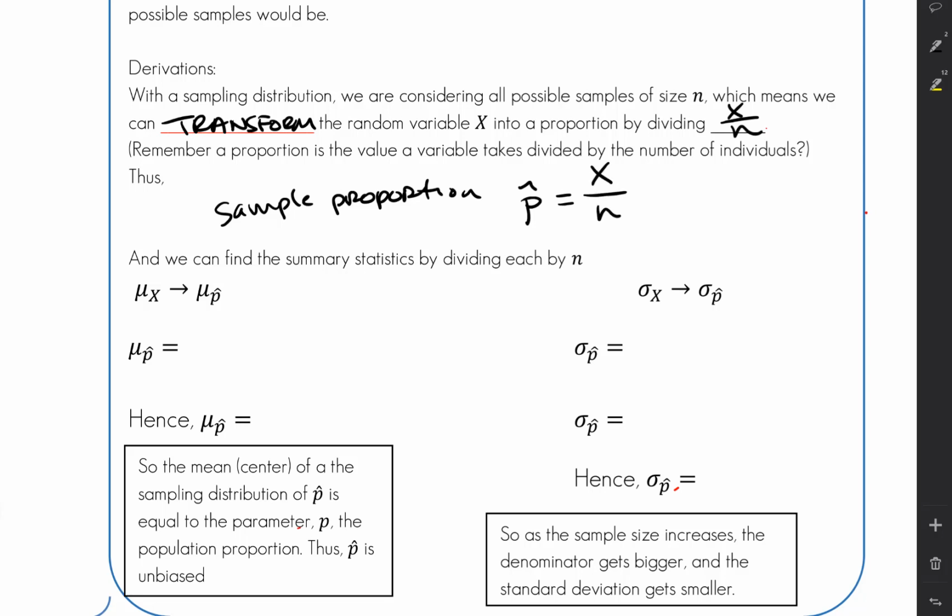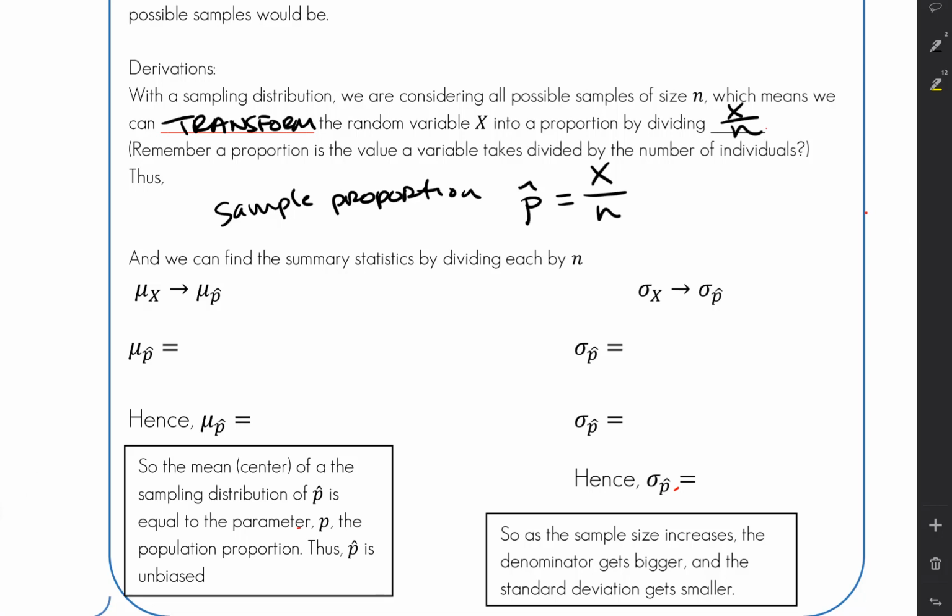So I could take any possible random sample of students that I get, the number of those students that prefer chocolate as their favorite ice cream flavor, and divide it by the number of individuals that I sample. But again, that's really time consuming to do for everybody, so we just want to look at the summary statistics, and we can find the summary statistics for what the average sample should look like by dividing each of our summary statistics of the binomial distribution by n. So let's go ahead and do that.